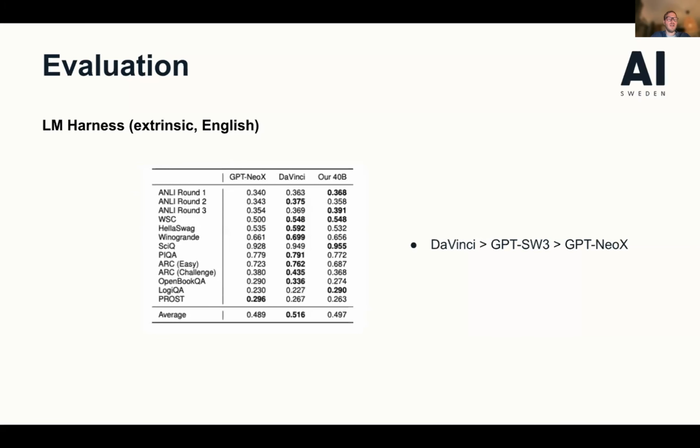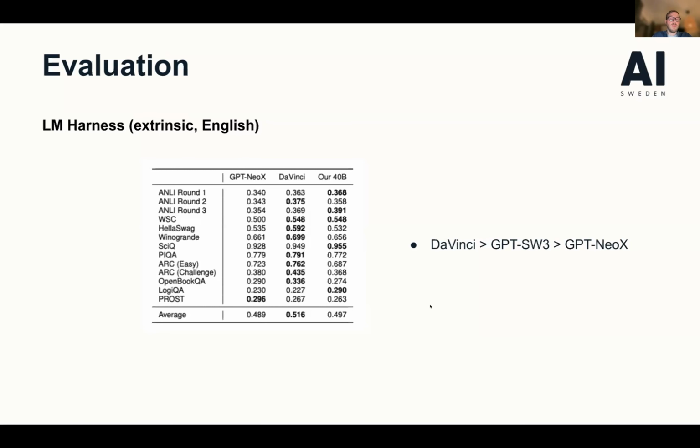Then regarding LM harness, we evaluated our model against GPT-NeoX and GPT-3 on the tasks that you see in this table. And here we find that GPT-3 is generally the best on average, followed by our 40B model, which is better than GPT-NeoX.